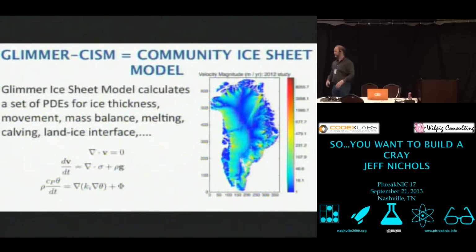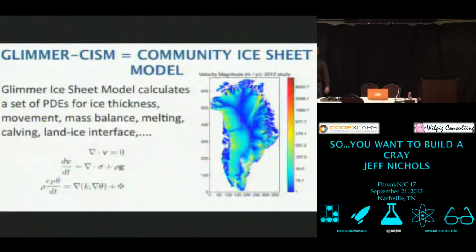It was parallelized using MPI. We'll come to that. It's an ice sheet model, for land ice sheets. So think Greenland, Antarctica, big land ice, not sea ice. It calculates a set of PDEs, or partial differential equations, for ice thickness, movement, mass balance, all these different things.